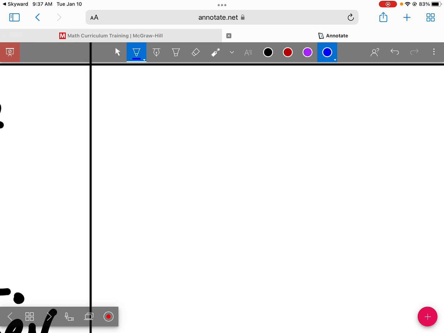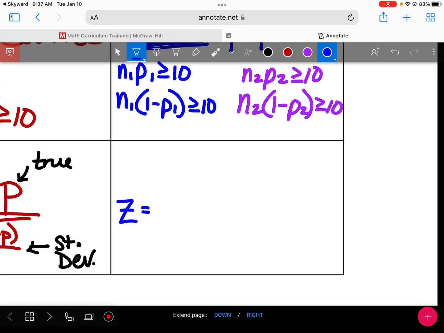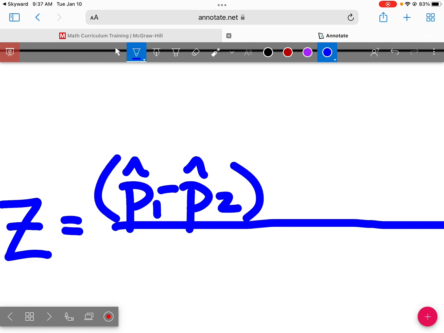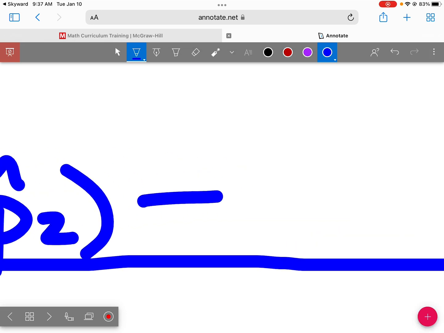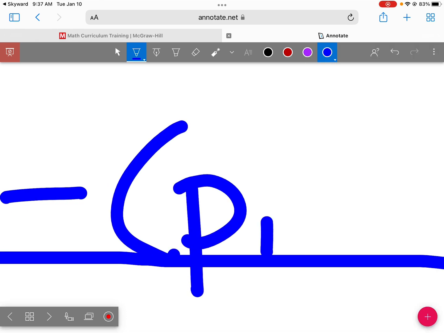Very long and complicated formula for the other one, for my z-score. I have to subtract those observed sample proportions. So I do the difference between p1 hat and p2 hat minus the difference in true proportions, p1 minus p2.